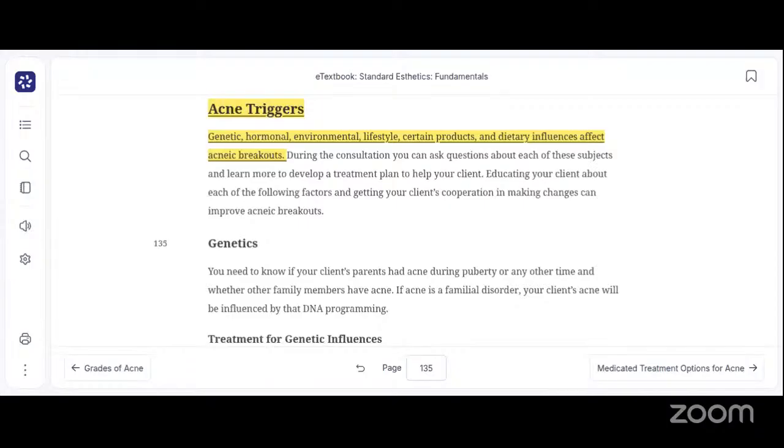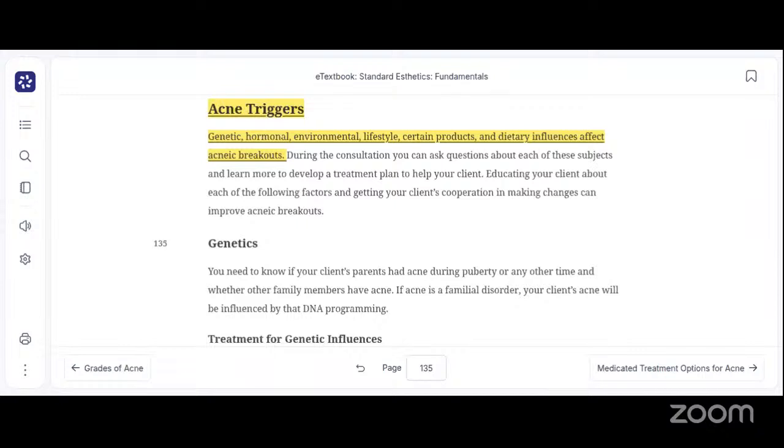Certain products, so you have cosmetics, things of that nature, and dietary influences: milk, sugar, chocolates, chips, anything that has red artificial flavoring are triggers. And we have to really think about soda pops, we have to really think about dietary.